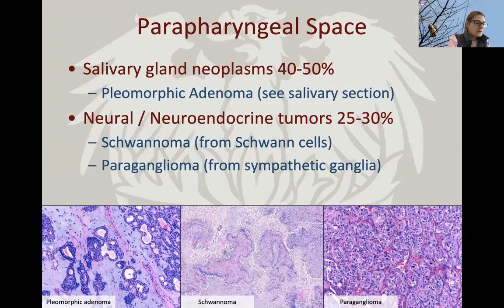All right, parapharyngeal space. We already mentioned that the two most common lesions of the parapharyngeal space are either salivary gland neoplasms, which we'll talk about in the salivary section, or peripheral nerve sheath or neuroendocrine tumors, those being either schwannomas from Schwann cells or paragangliomas, of course, from your sympathetic chain.